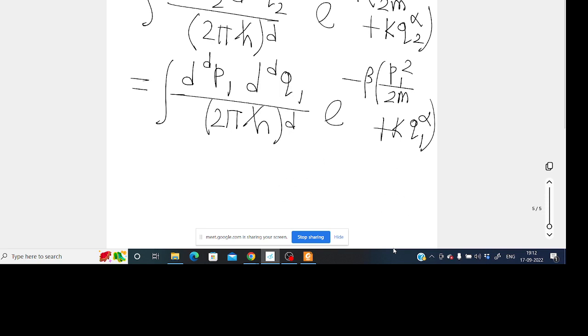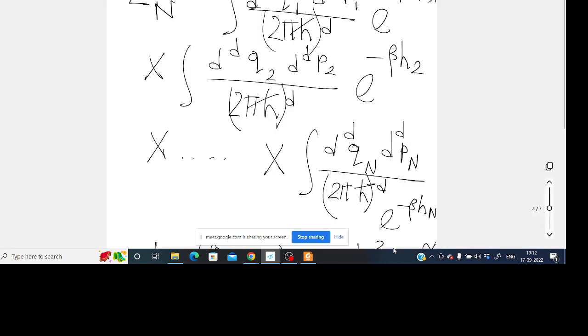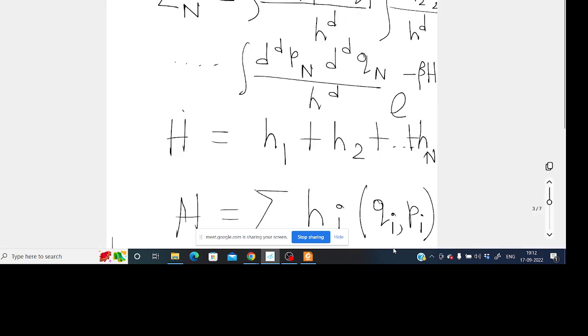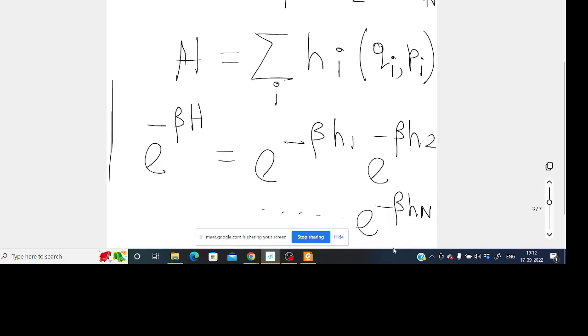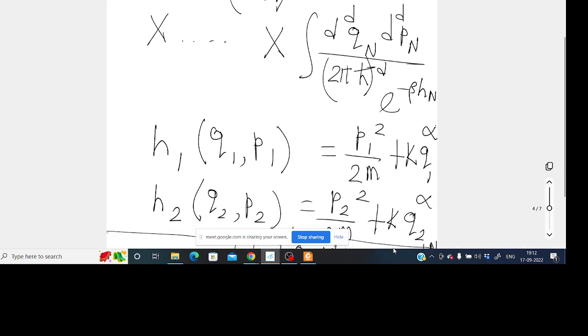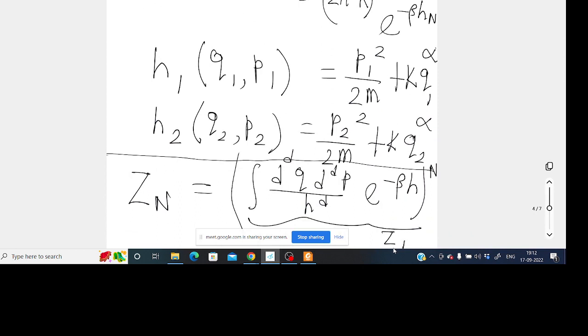But this is valid only if this approximation or assumption holds: non-interacting, and also the Hamiltonian should have a similar functional form. I mean h1 as a function of q and p is like this, and h2 as a function of q and p is like this. Otherwise it will not hold.